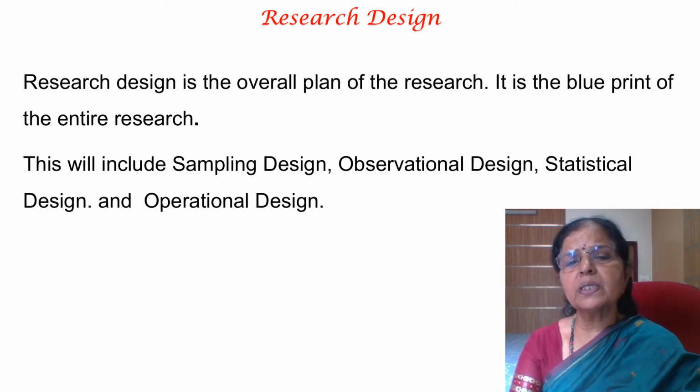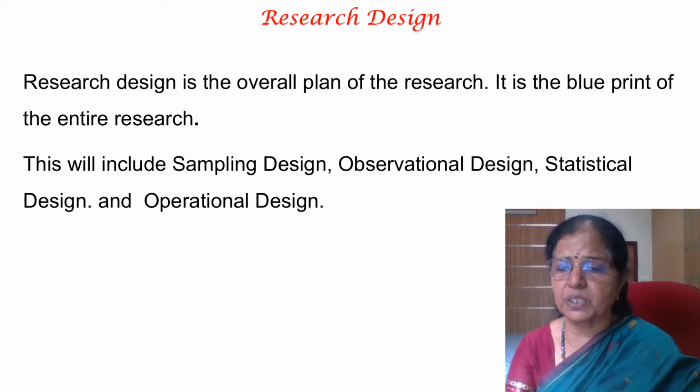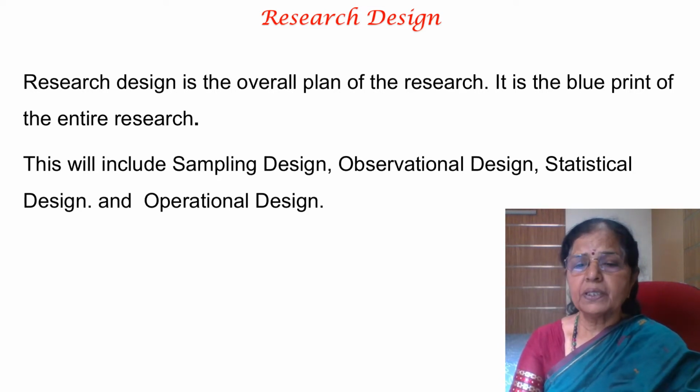Some authors include these steps, like the type of population, the type of sampling, the type of data collection, as separate headings in the research process. That is why you get a research process with 9 steps, 10 steps, 11 steps, or even 16 steps. But the fundamental steps, as I have told you, I have listed 7 of them.